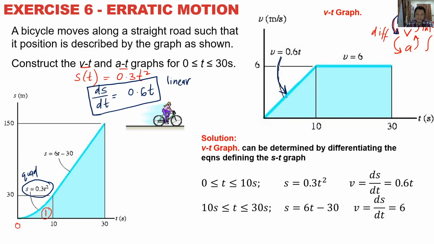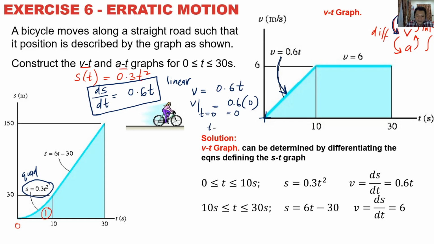So now v equals 0.6t. In order to plot this, plug in V when time is equal to 0. So 0.6 multiplied by 0, definitely you are going to get 0. So this is the origin coordinate.